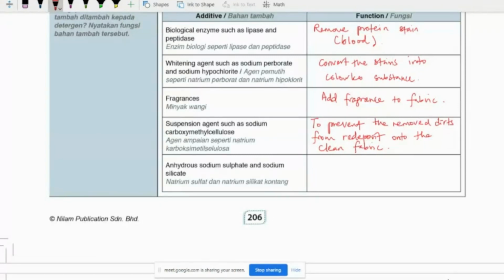After that, the last one mentioned here is anhydrous sodium sulfate and sodium silicate. What is the function here? It's a drying agent, to keep the detergent dry by absorbing water vapor.